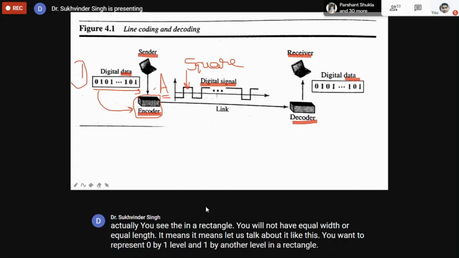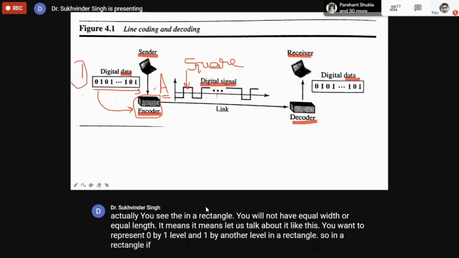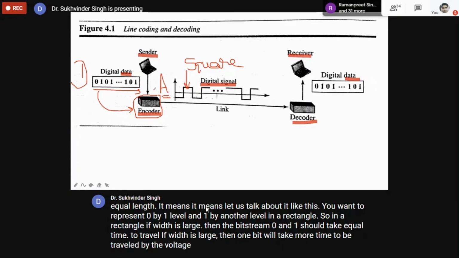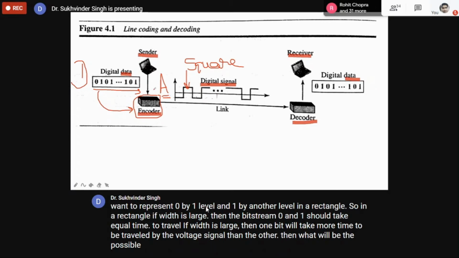If the width is large, then one bit will take more time to be traveled by the voltage signal than the other, though 0 and 1 should take equal time to travel. Then what will be the possible error in the signal? The possible error will be the synchronization error.